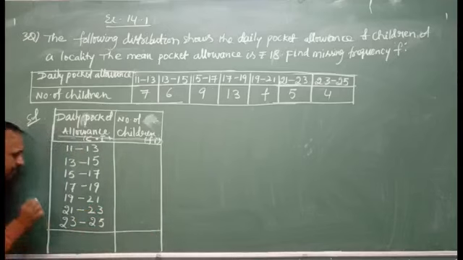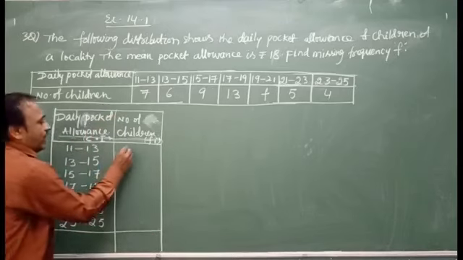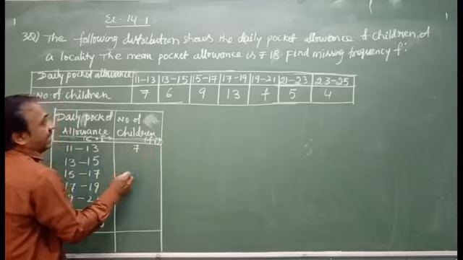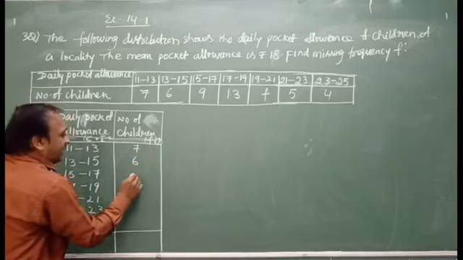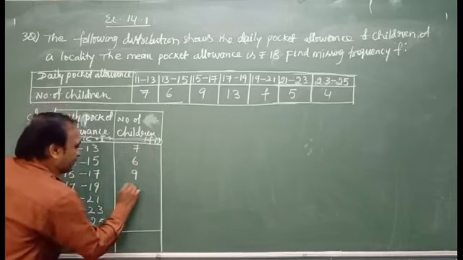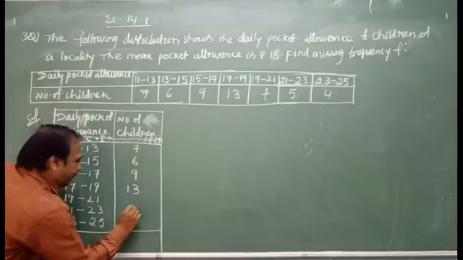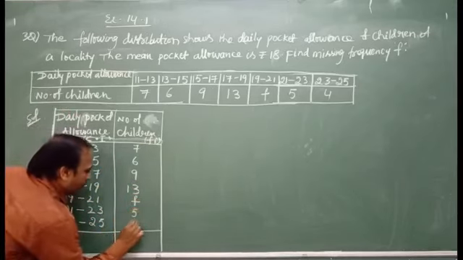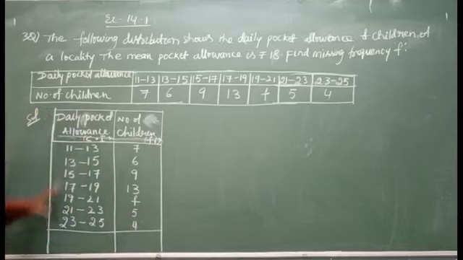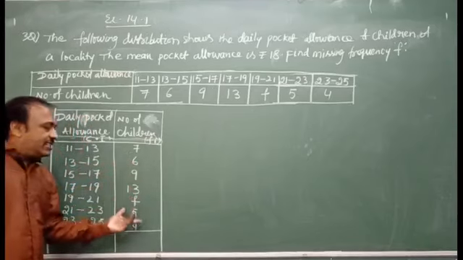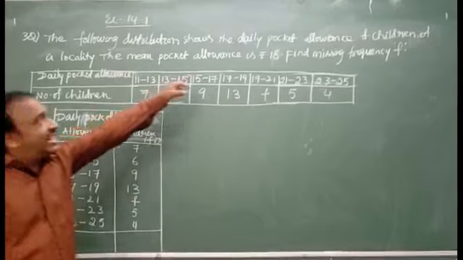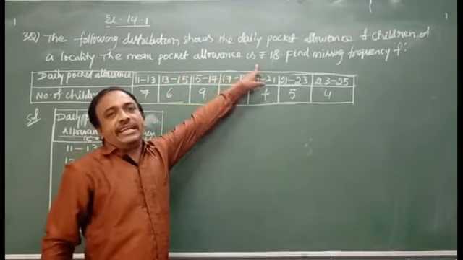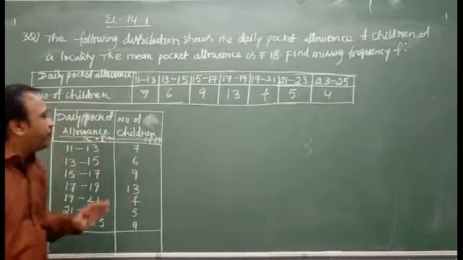Then frequencies: 7, 6, 9, 13, f, that is the missing frequency, then 5, 4. Observe these are the class intervals and this is the frequency. The mean is already given in the data, that is 18.